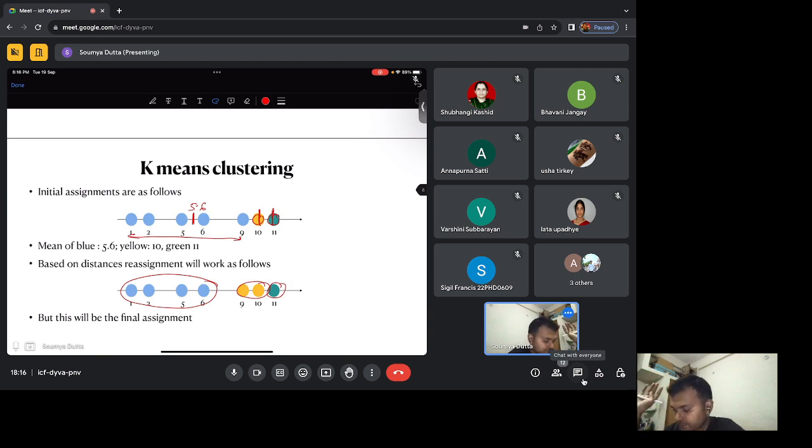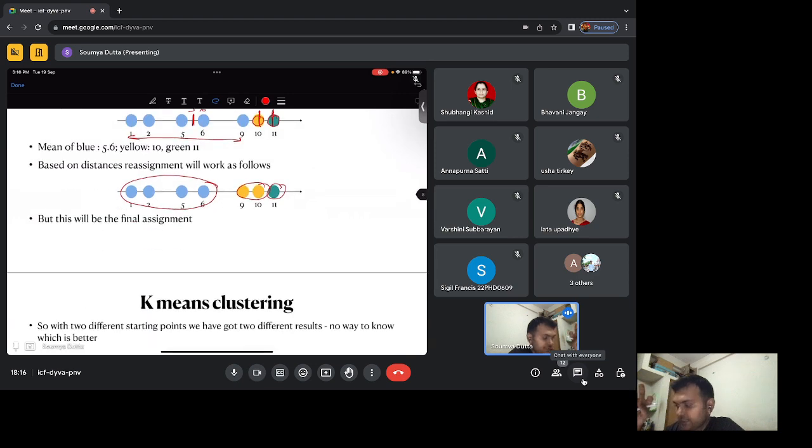The takeaway from all this is, for the k-means algorithm, since it depends so much on the starting points, it's better to run with multiple starting points and see which gives a better clustering. Generally, if your data set is suitable for k-means, then most of the starting points will give you good enough results. So that is one thing that I wanted to mention.